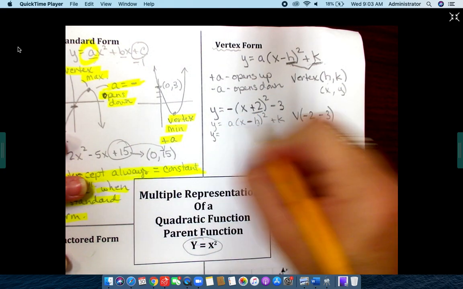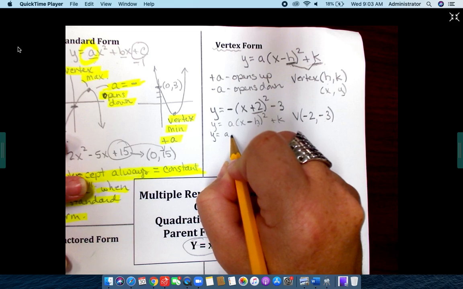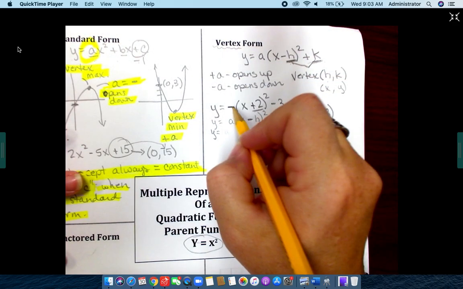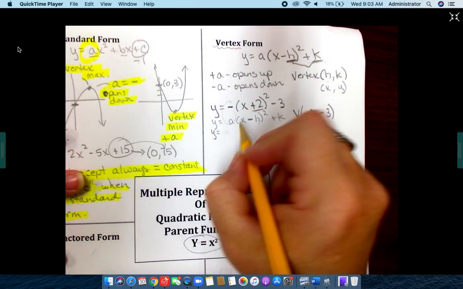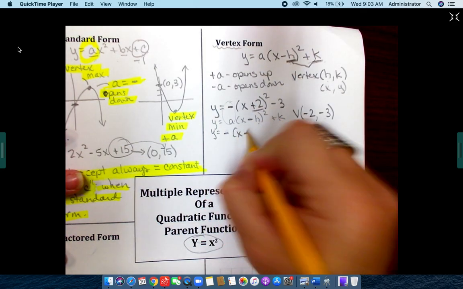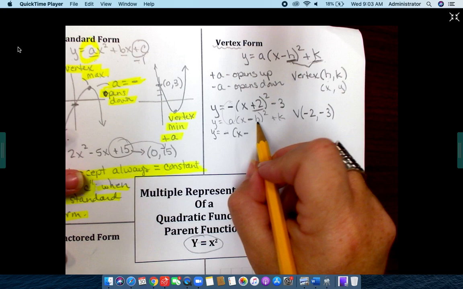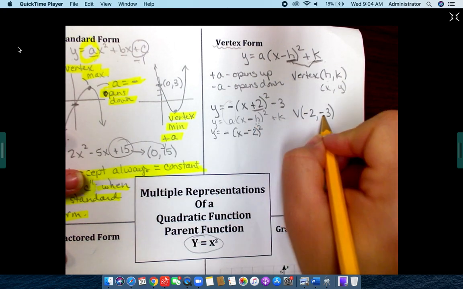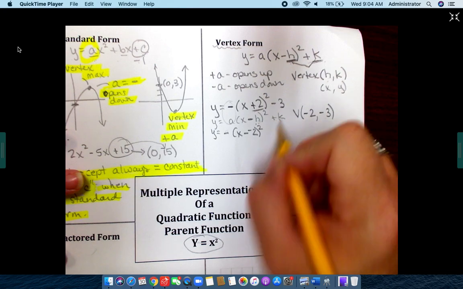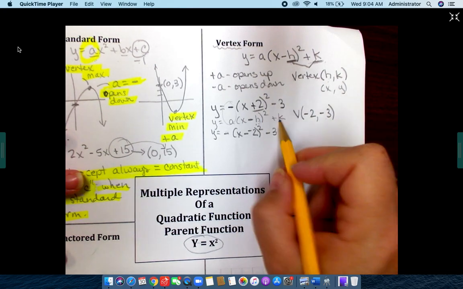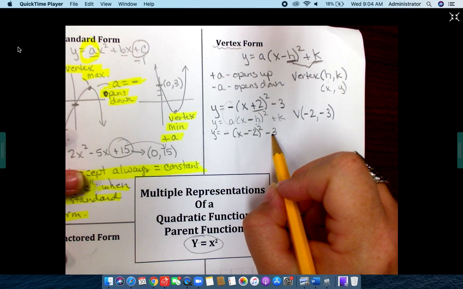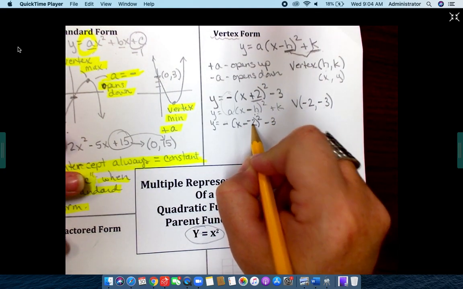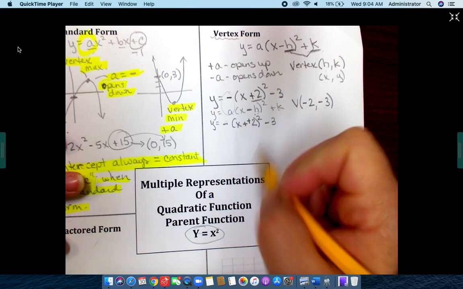Well, by the way, my a value is what here? It is a negative understood 1. And if I plugged into the formula x minus my h value, which is negative 2, and then inserted my k value of negative 3, because we don't need plus a negative 3, we can just write minus 3. The fact that I had minus negative 2 means it's really addition.